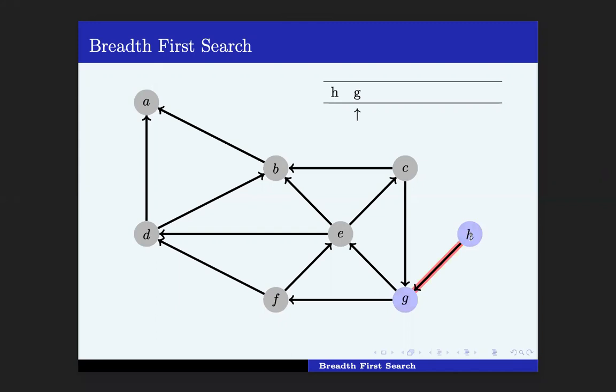Very good. So G is a neighbor. Now I look at all the neighbors of G. So E, F. Now at this point, E is the first child of G. So I tell E, okay, who are your neighbors?